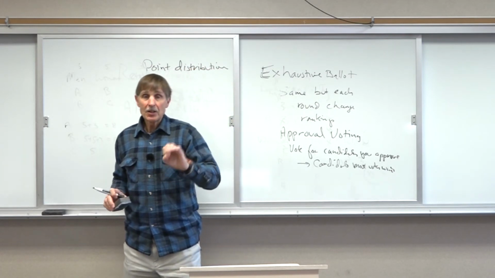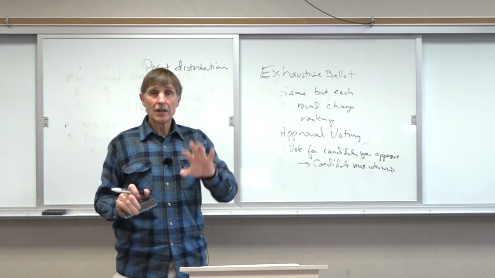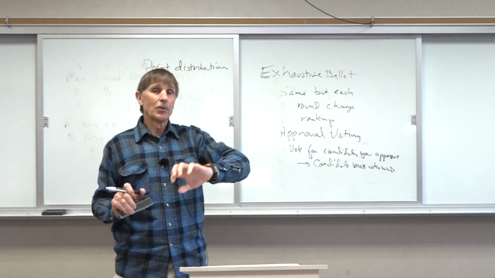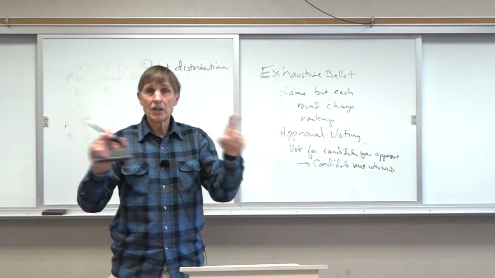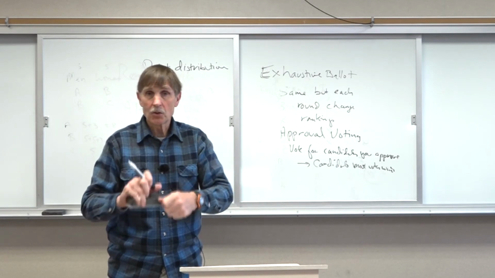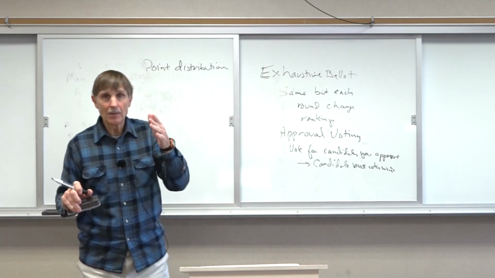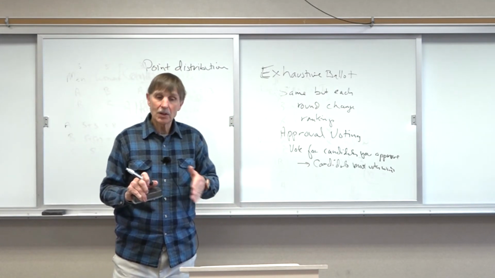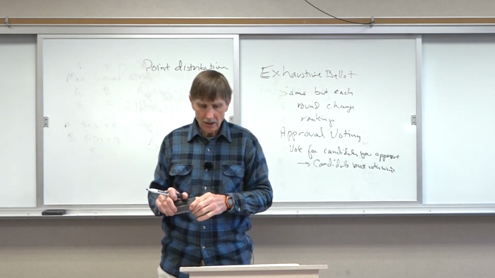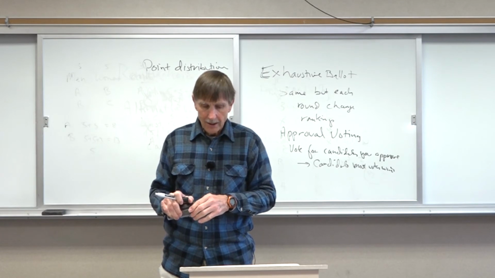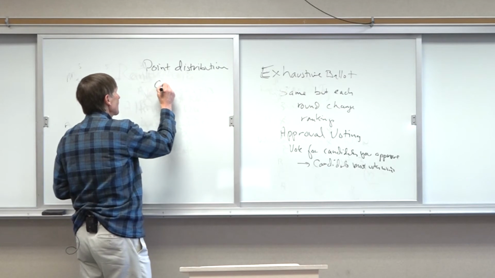Let's say you have 5 issues that you're voting on, and you can allocate your votes. You could put 3 of your votes on issue number 1, or 2 of your votes on issue number 2, or whatever. You could also swap your votes with other people. So here's what's going to happen: you get a certain amount of points, and then you can allocate those points to whatever candidate you want.